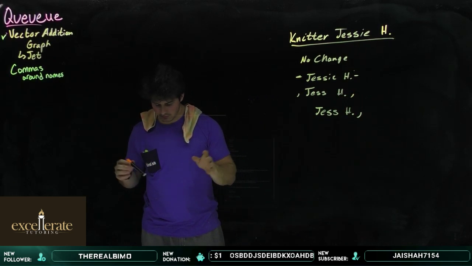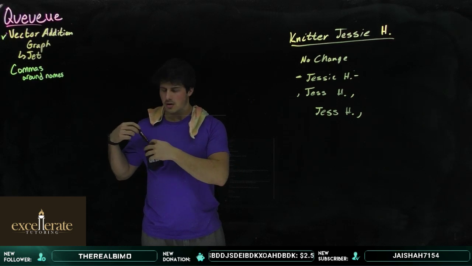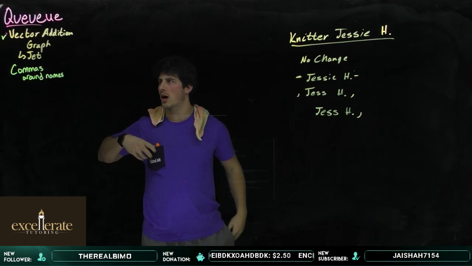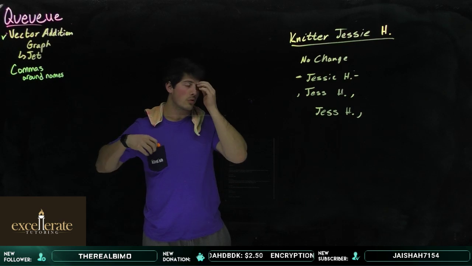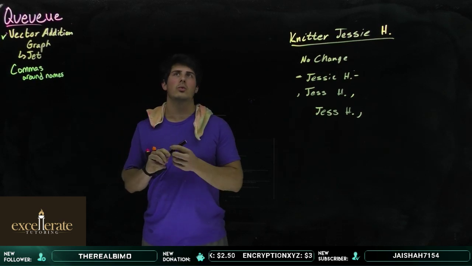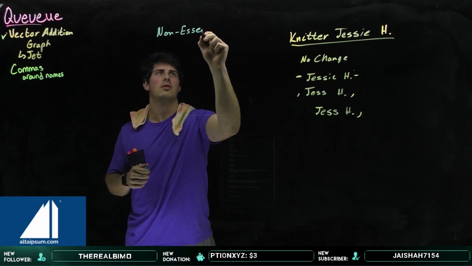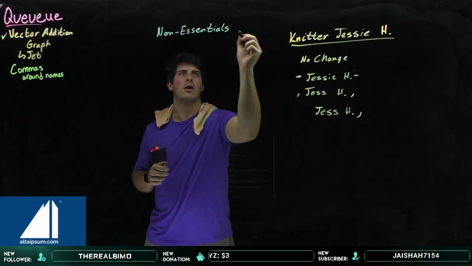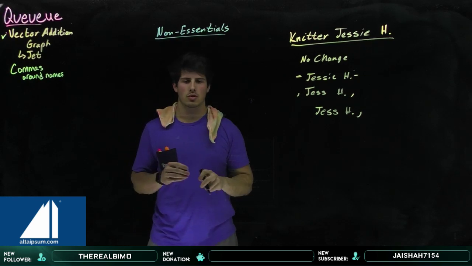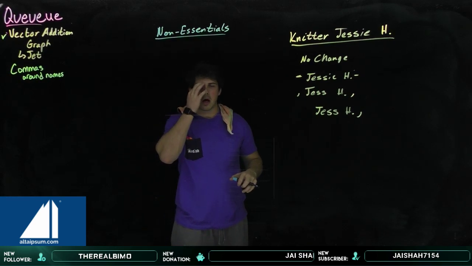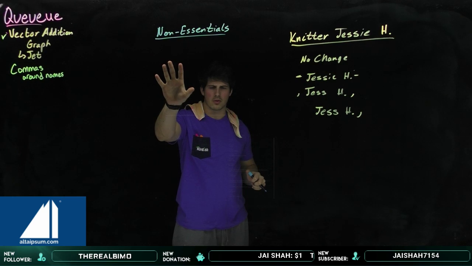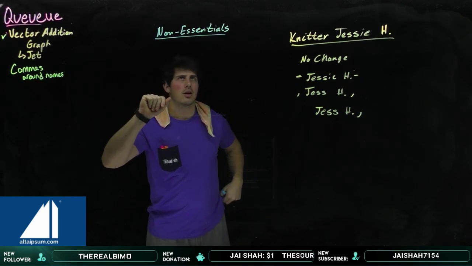Now, when we're talking about commas around names, normally we're dealing with non-essentials. Normally non-essentials are what we're dealing with. If you have a question, if you're not familiar or whatever, we can go into this in a little more detail.